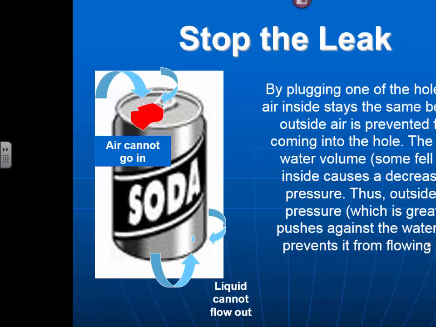So then what happens is the outside air pressure is greater, the inside air pressure is less, and the outside air pressure pushes against the water and prevents it from flowing out of the bottom of the can. So the bottom line here is that the air pressure outside is greater than the air pressure inside, and that holds the water inside the can.